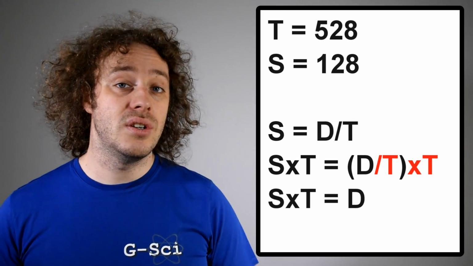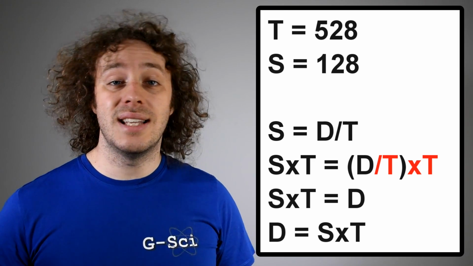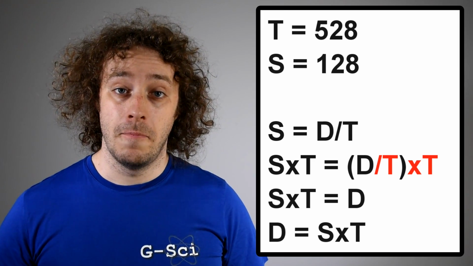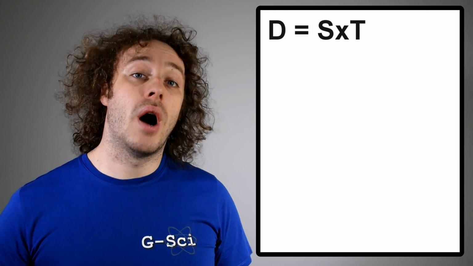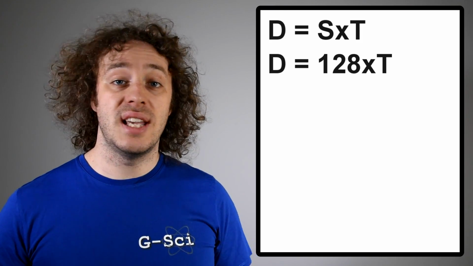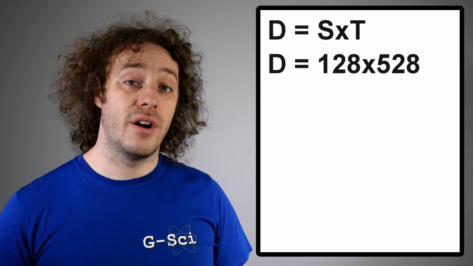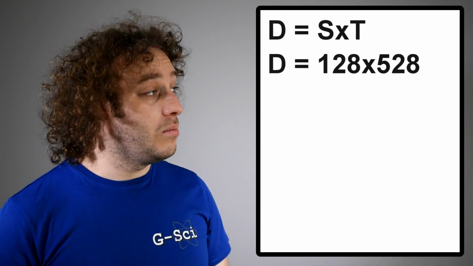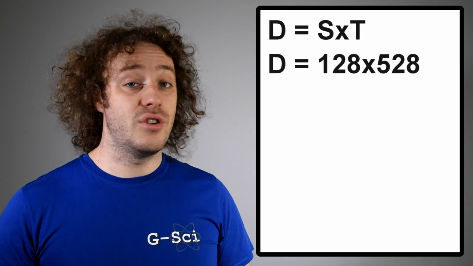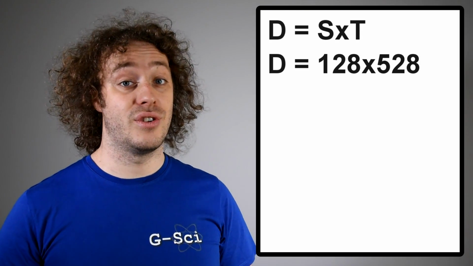We'll flip over the equation to make it easier to read, and we get d is equal to s times t. Our s is our speed, so 128 goes in there, and our t is our time in hours, which is 528. So d is equal to 128 times 528.